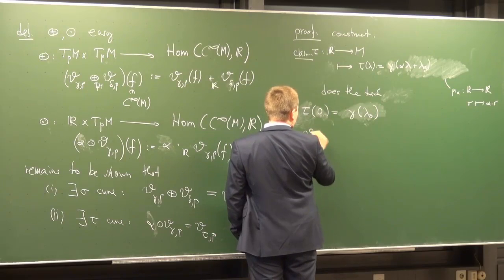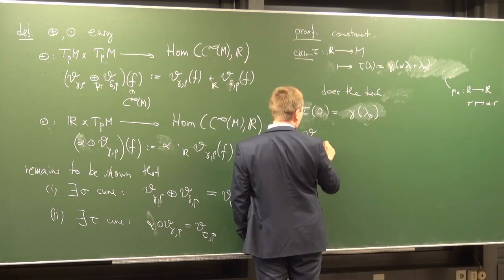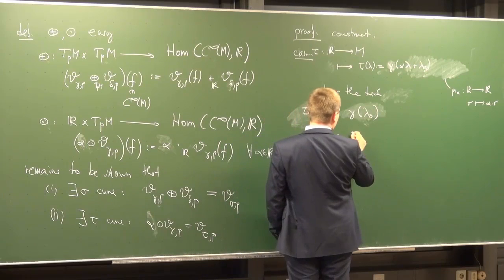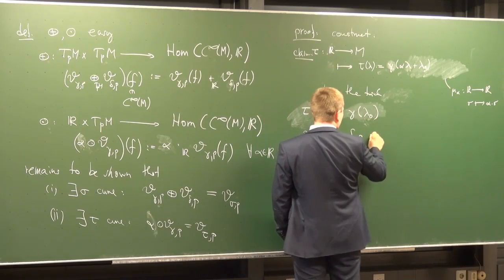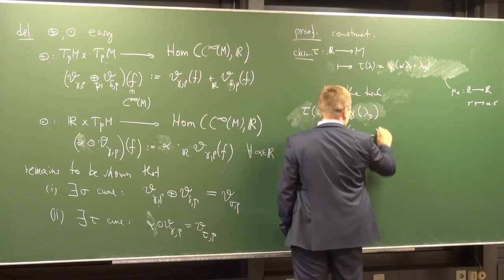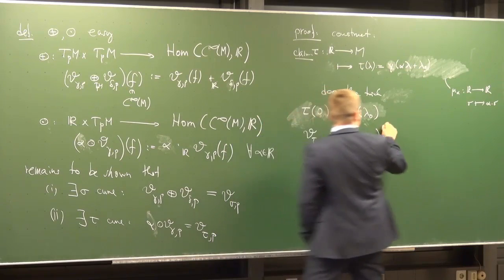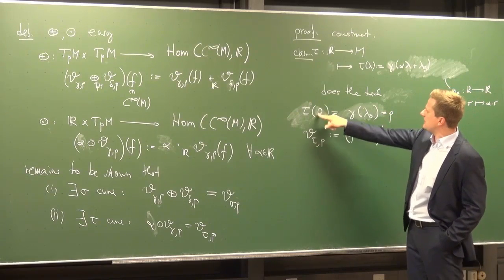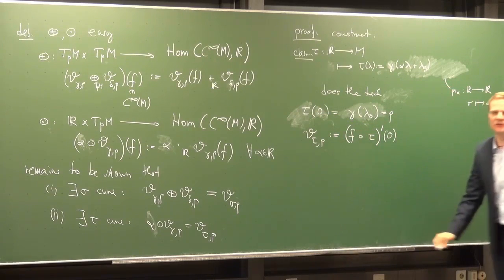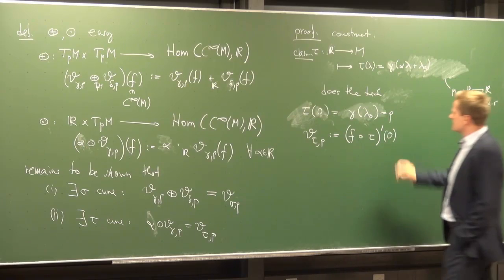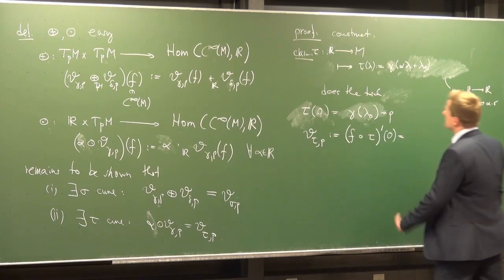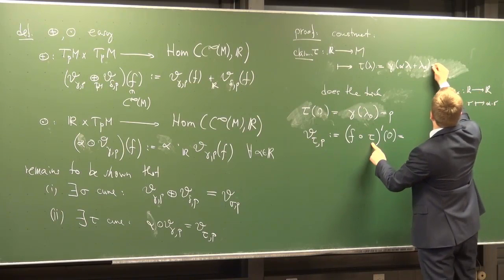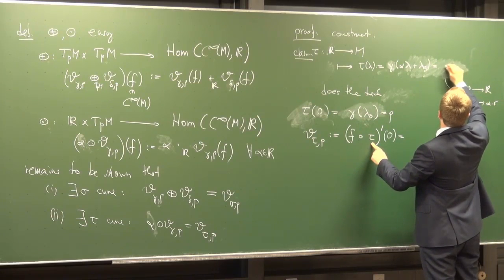And then I can calculate the velocity to tau at the point P as, now by definition, it's f after tau. I take this, and I take the derivative at the point where we run through P. But this is here the parameter value 0. This is one way to do it. Now I need to take this derivative, and for that it's clever to write down what I wrote here.